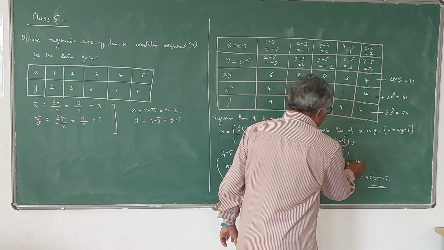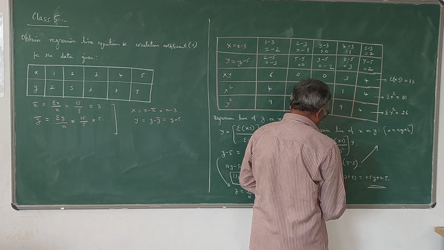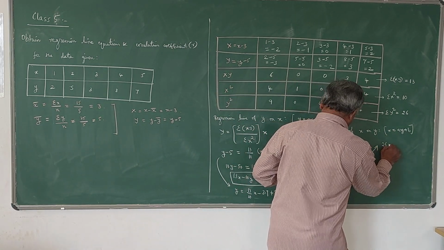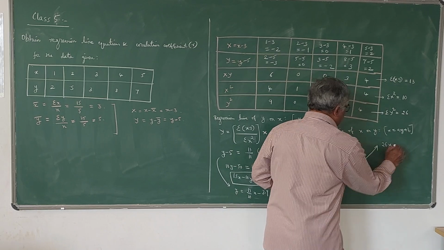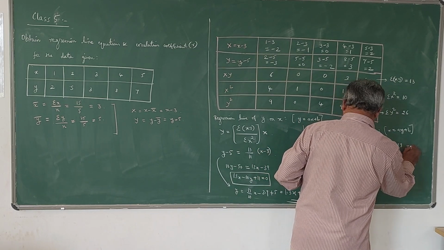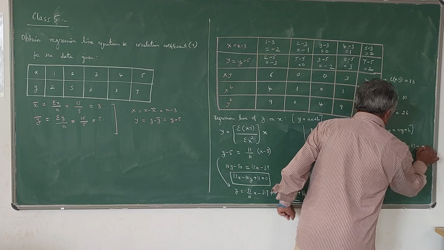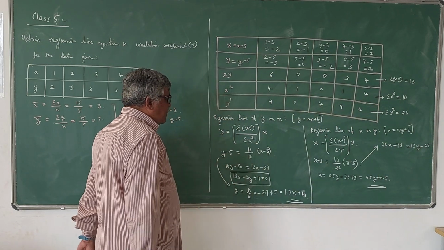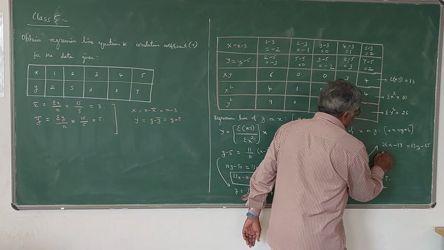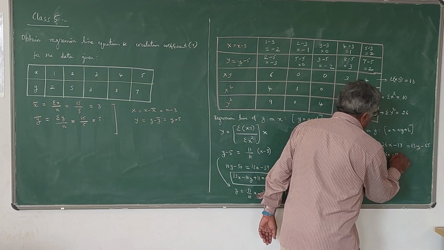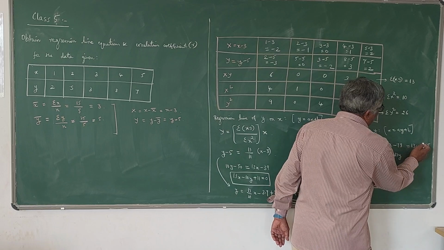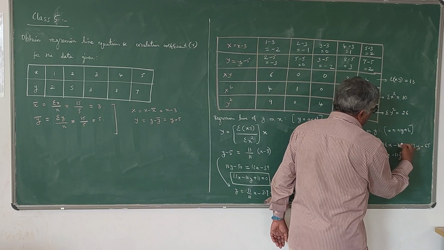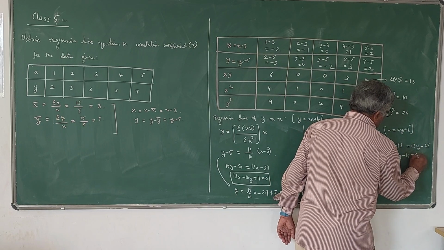Otherwise, you can cross multiply this and you can get another form. 26x minus 26 into 3, which is 78, is equal to 13y minus 65. Okay, the cross multiplication. So this will be 26x minus 13y, and if you bring this to this side, plus 65, so minus 13 is equal to 0.